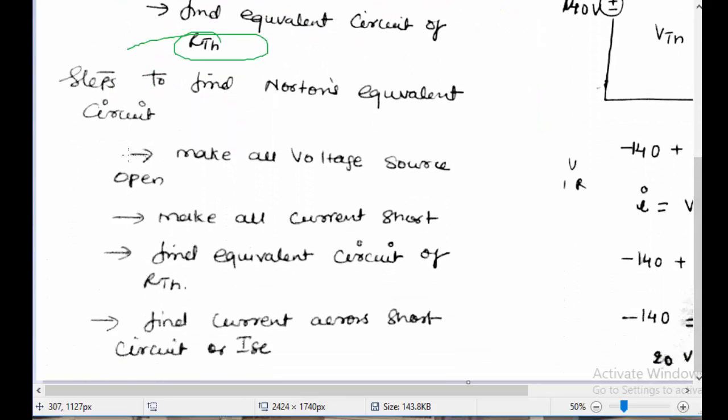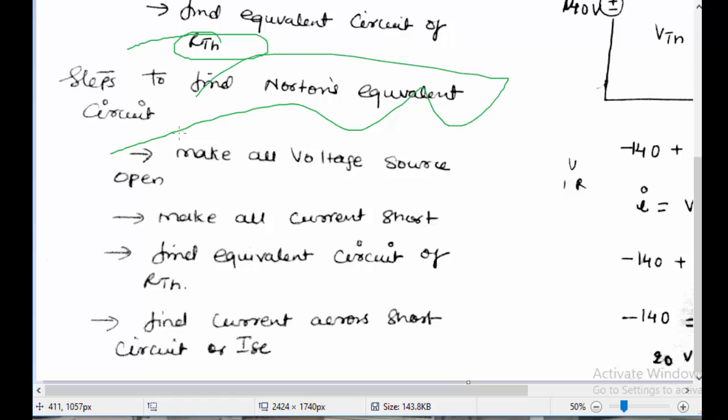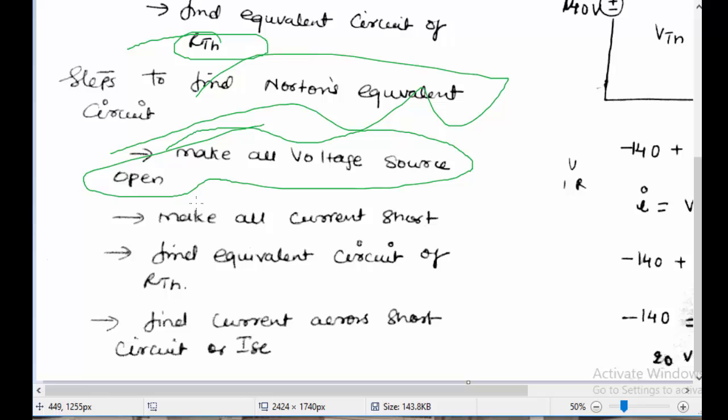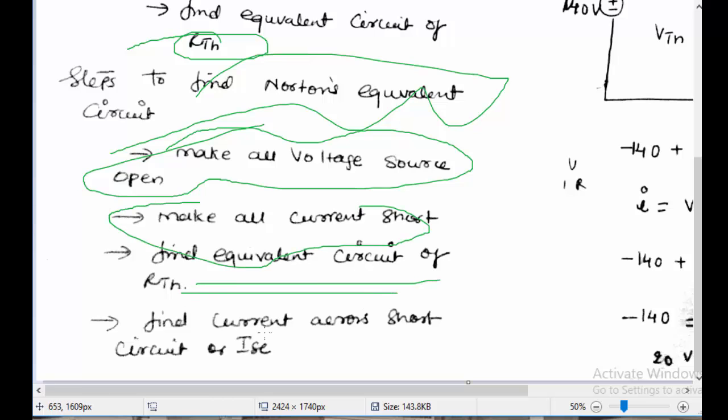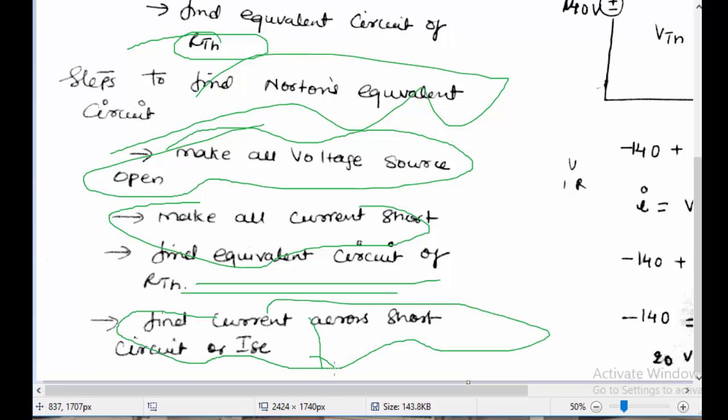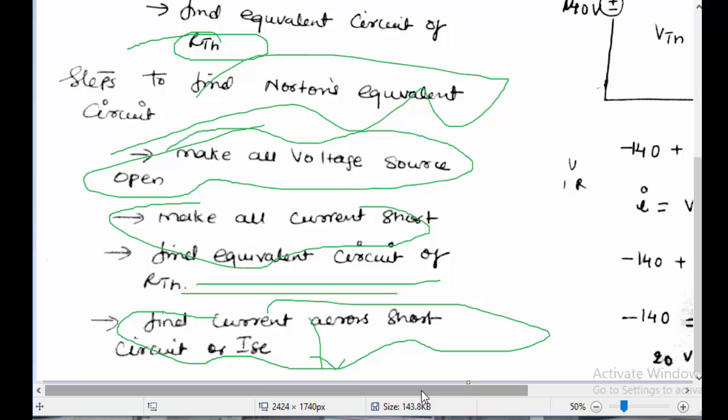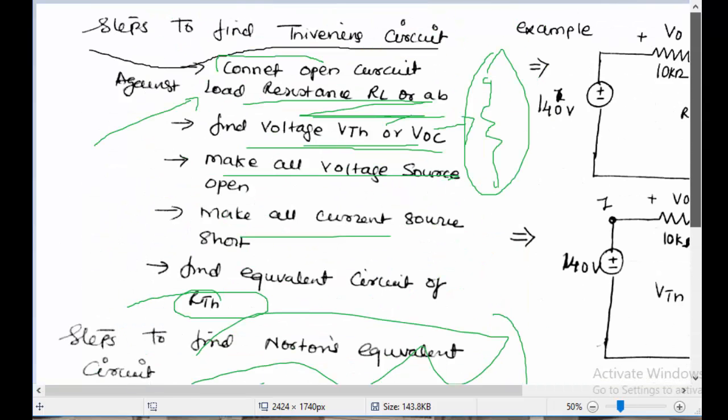The steps to find the Norton's equivalent circuit are to make all voltage sources short and all current sources open, and find the equivalent resistance RTH. Once the equivalent resistance is found, the I short circuit can be found. Before you find the Norton's equivalent of a circuit, you have to find the Thevenin's equivalent of the circuit.